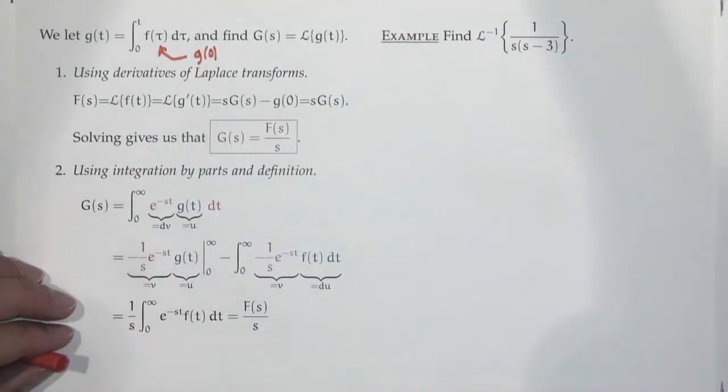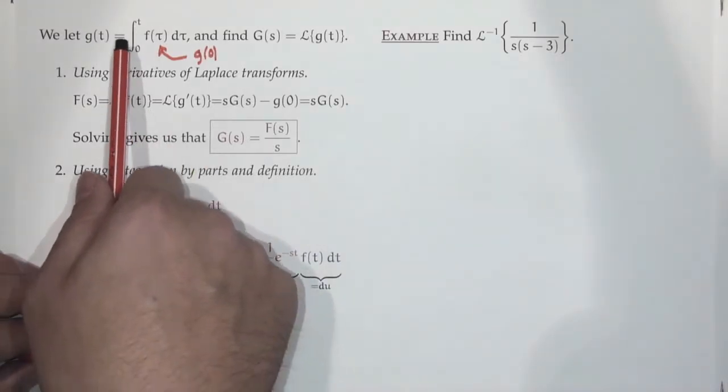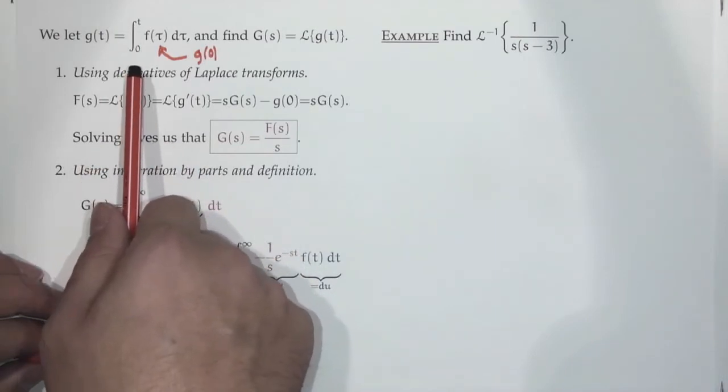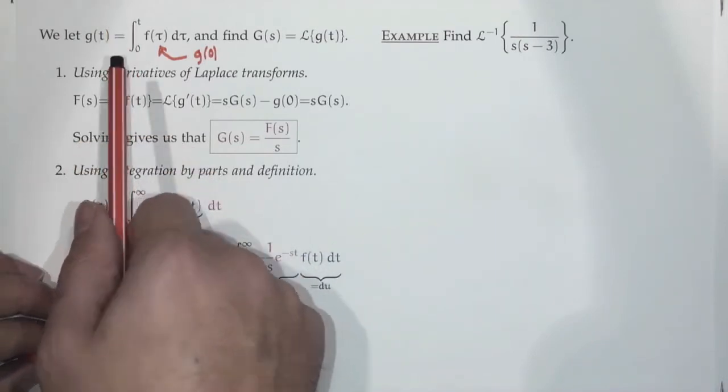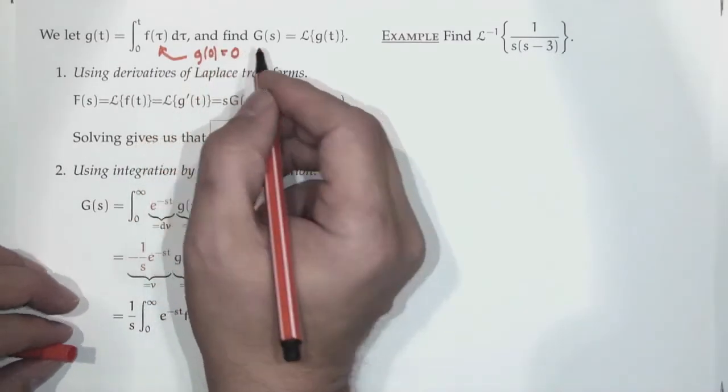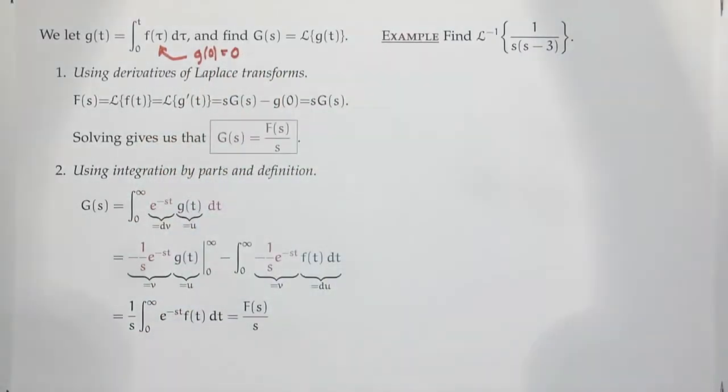What is g of 0? When you plug in t equals 0, what do you have? 0, right? Because we have the integral from 0 to 0. So essentially, this is the antiderivative which has the initial value 0 when you plug in t equals 0.